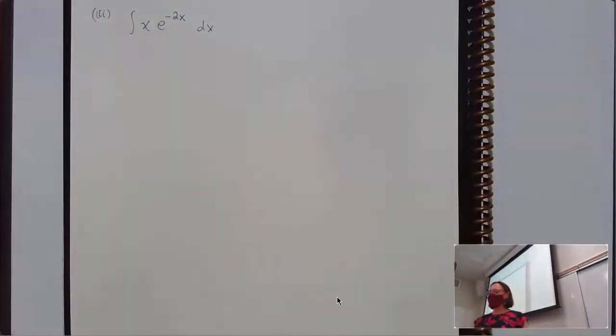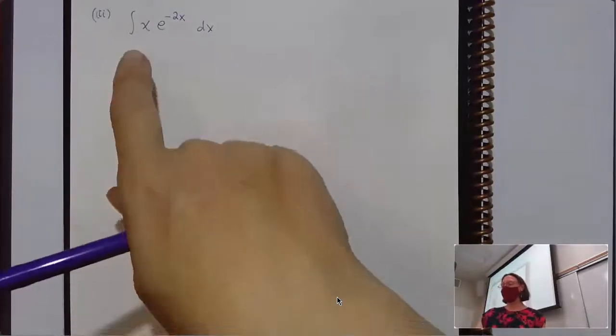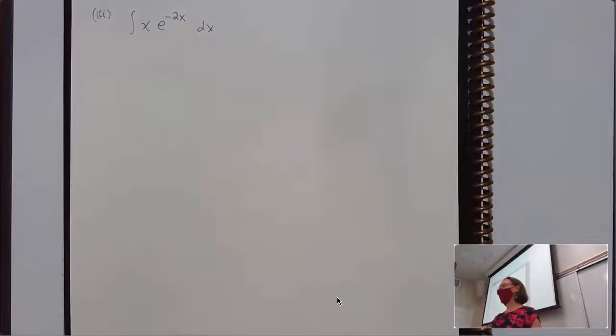Because if I made that negative 2x my u, the derivative would just be negative 2, and it wouldn't take care of my x out in front. And if I tried making my u e to the negative 2x, then I need a whole nother e to the x thing. So I don't have a u substitution.